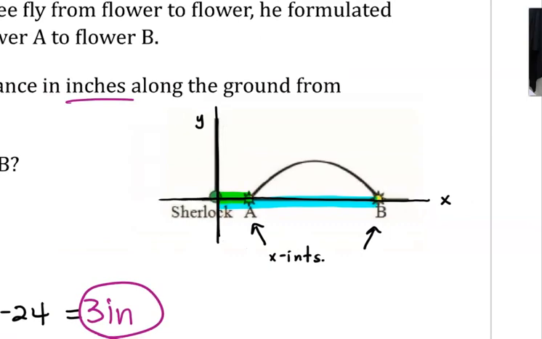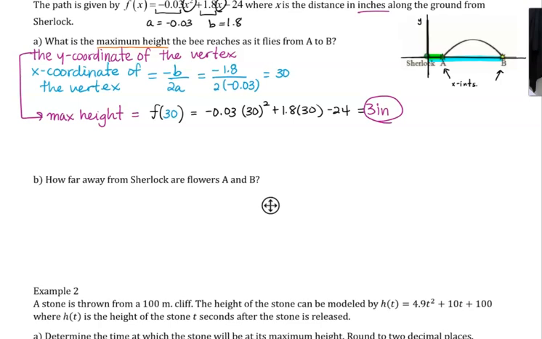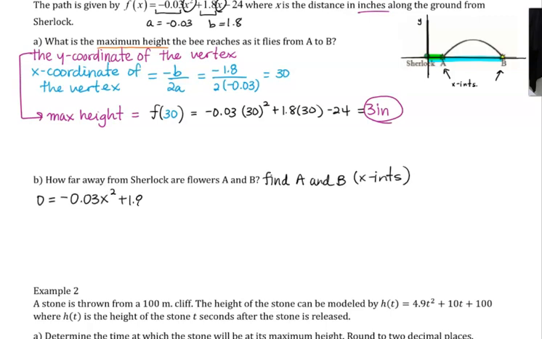So to find x-intercepts, we need to set the entire function equal to 0. So we are looking for the x-intercepts, and the way we find them is we set the function equal to 0. So I'm going to solve the equation 0 equals negative 0.03x squared plus 1.8x minus 24.